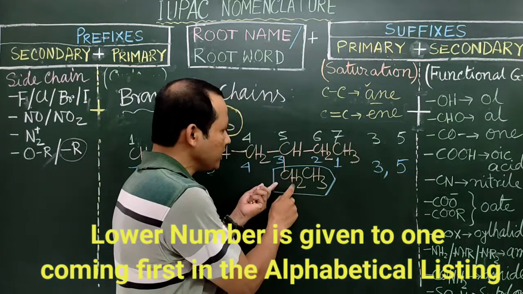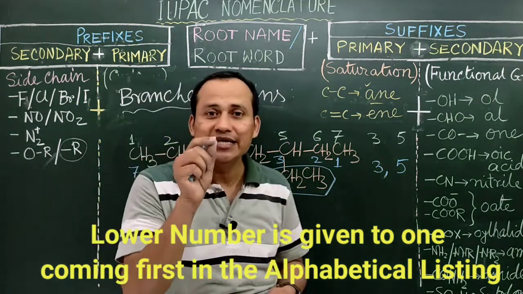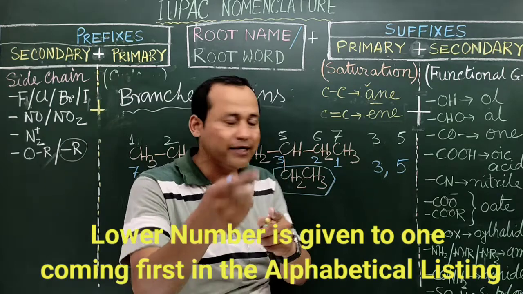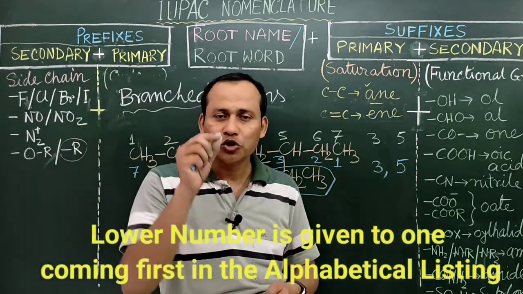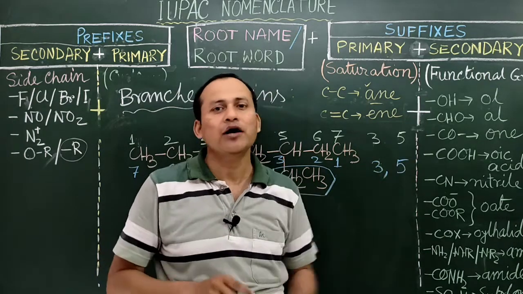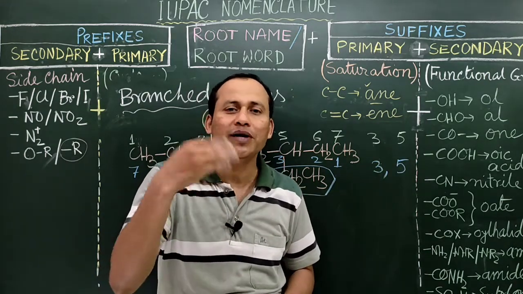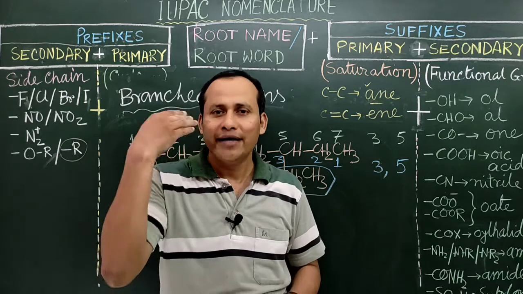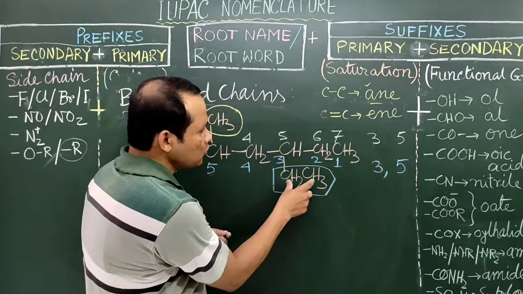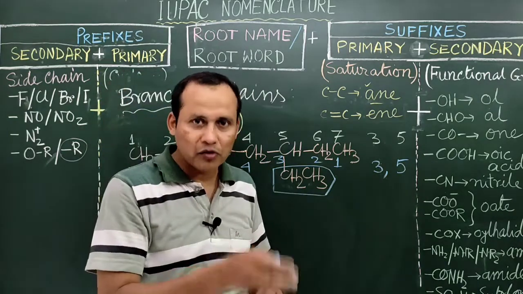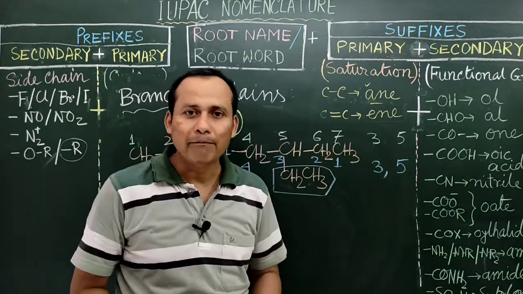Now this group is ethyl, starting with E, and this is methyl with M. So this M and E are to be considered. We have to see which one is coming first. We know that alphabetically E comes first, so this group is to be preferred when we give the numbering to the carbon chain.